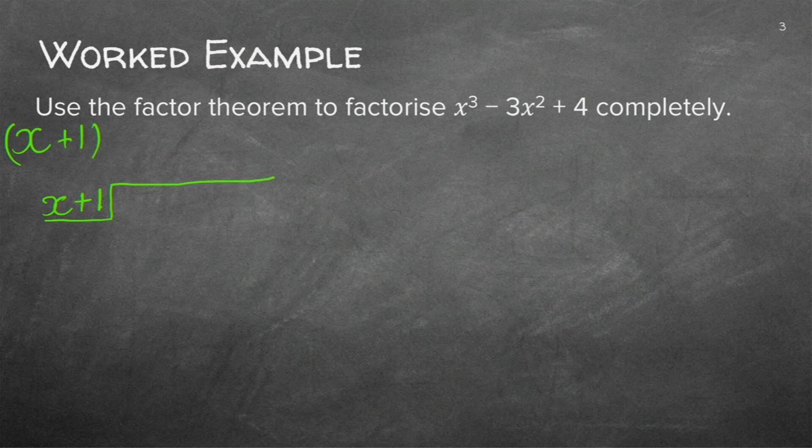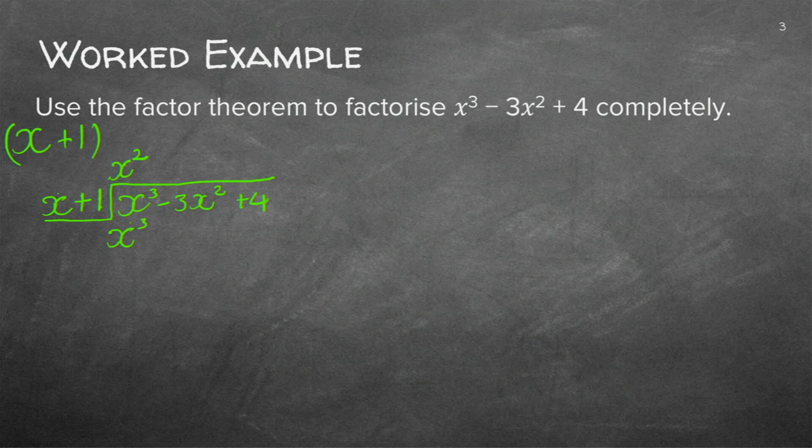This is how I used to do it in grade 1. So, x to the power of 3 minus 3x squared plus 4. You first divide x into x to the power of 3, so you're going to get x to the power of 2. And we're going to multiply now x times x to the power of 2. We're going to have x to the power of 3.